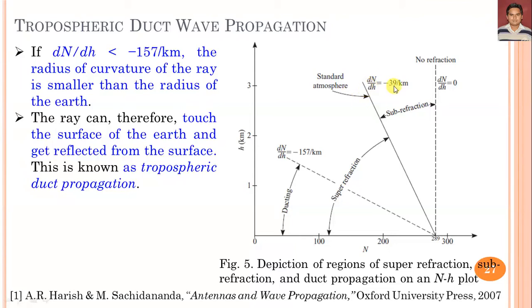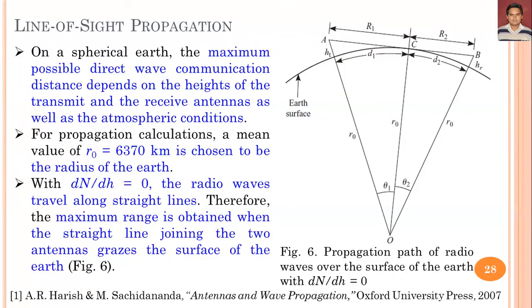If dN/dh lies between 0 and minus 39 per kilometer, that's sub-refraction, and this is the super refraction, and ducting occurs when dN/dh is equal to minus 150 per kilometer. According to this graph, we can also understand the regions of refraction, sub-refraction, and duct propagation.